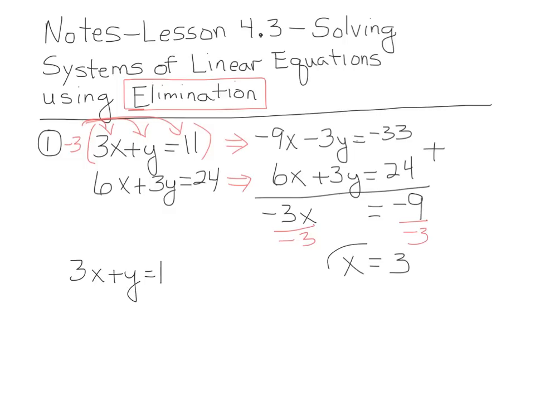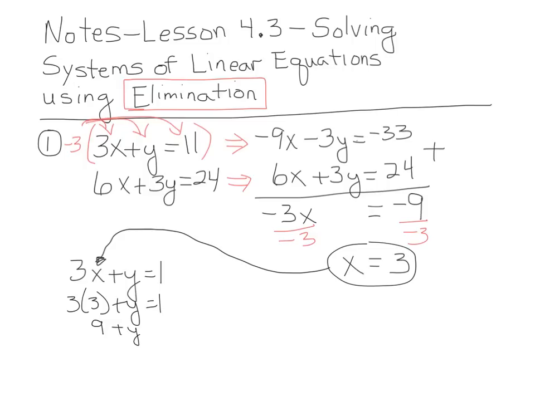And I'm going to substitute in for the x, because x equals 3. So I'm going to have 3 times 3 plus y equals 11. Well, 3 times 3 is 9 plus y equals 11. And then just subtract 9 from both sides.